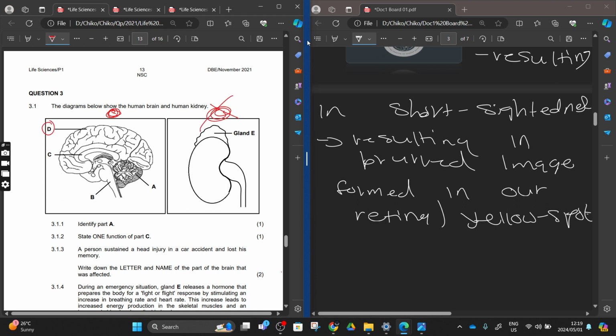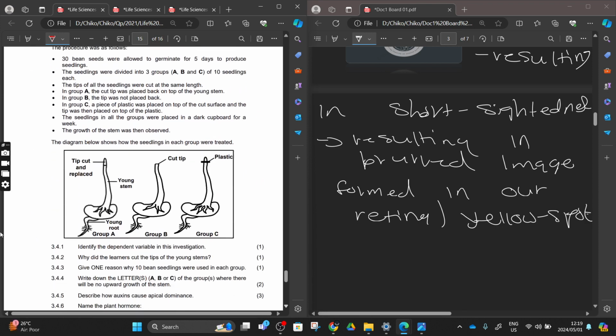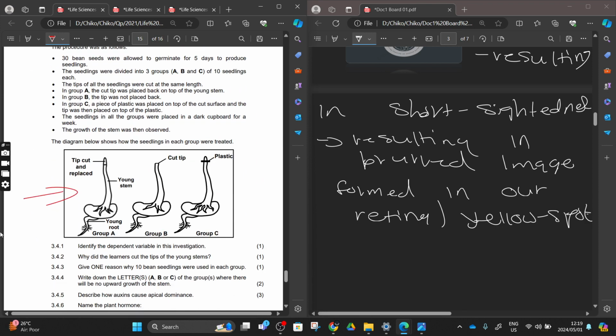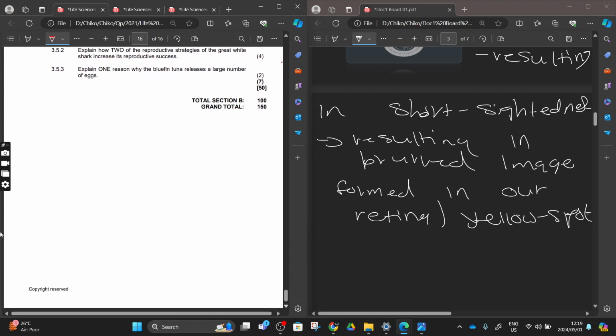With our nervous system, we have our cerebrum, corpus callosum, medulla oblongata, and cerebellum. Know those parts. Identify part A: cerebellum. State 1 function of part C: to allow the impulse transmitting between our left and right hemispheres. Simple as that, right? From there, we did temperature. We're going to do this next year. Responding to our environment by plants, we're going to do in the next topic, and then we are done with 2021.